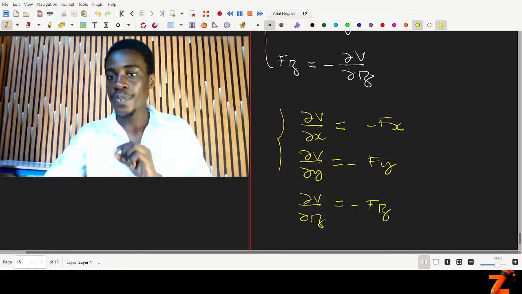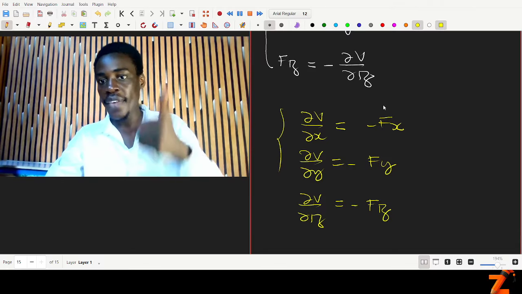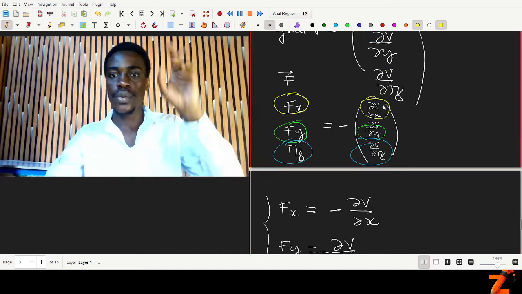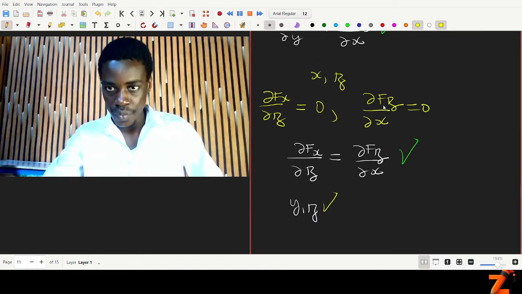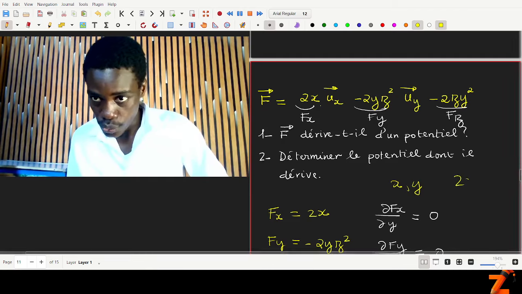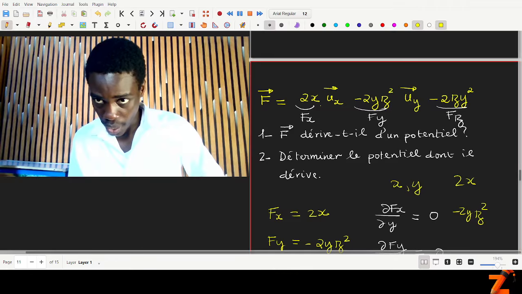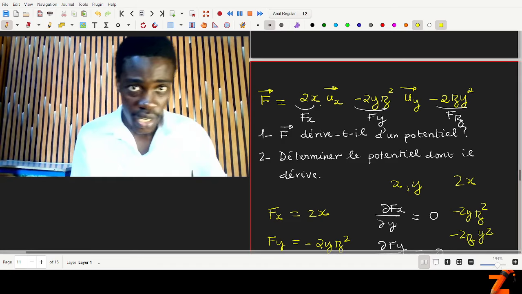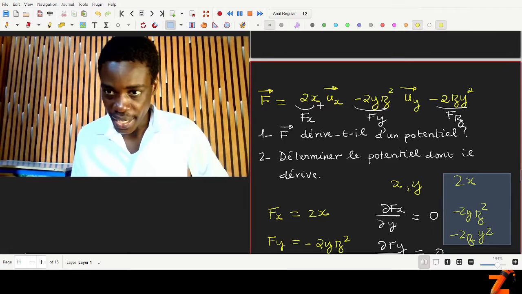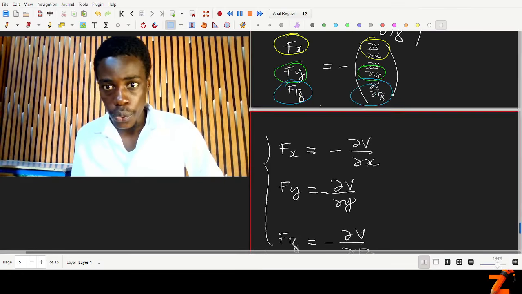So now I want to remind you the expression of fx, fy, and fz. I will see it above. What is fx? fx is 2x, and after that negative 2yz squared, and to finish negative 2zy squared. Copy and paste. I copy it and I paste it below.